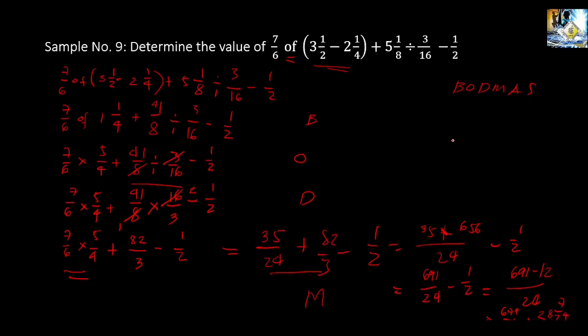So our answer is 679 over 24, or in mixed format, that is 28 7 over 24. Okay, I hope it's clear. So our next topic is ratio and proportion.